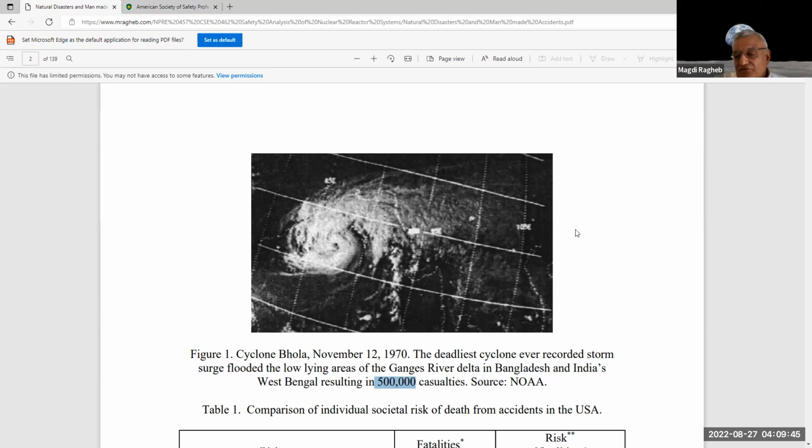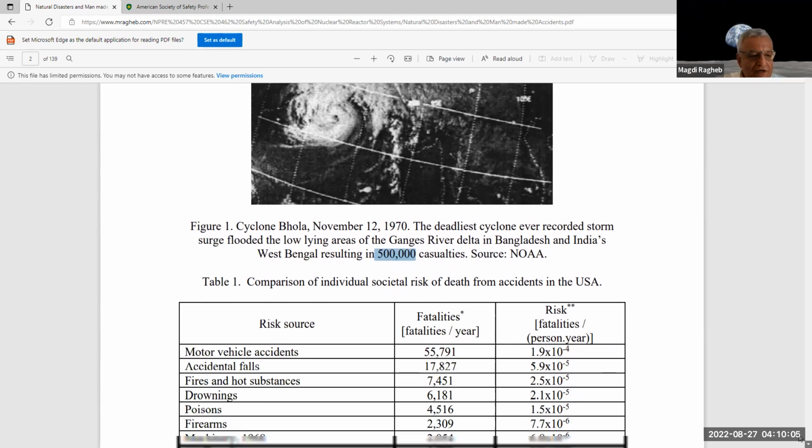And maybe you've seen in the news in our lifetime, a tsunami that happened also in Indonesia and Malaysia, and it caused about 250,000 casualties. This was the worst of any of them happening in, of course, Southeast Asia.